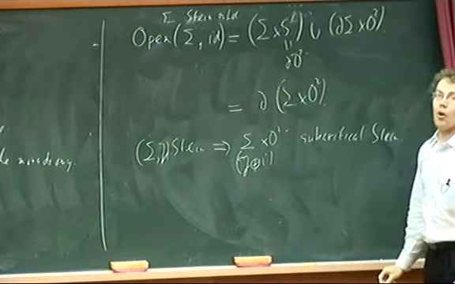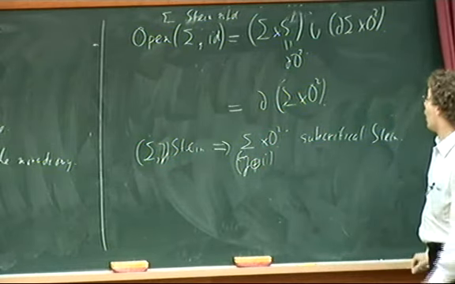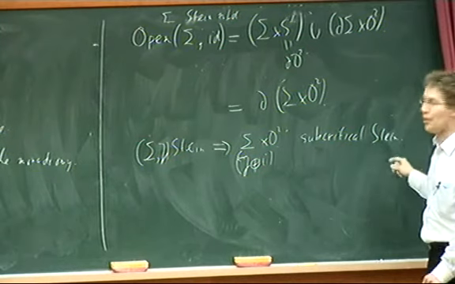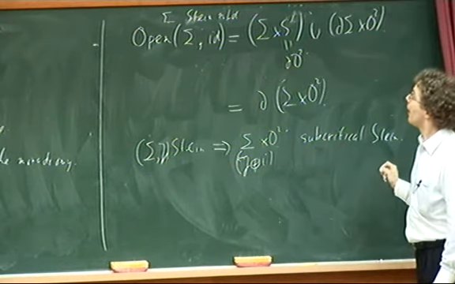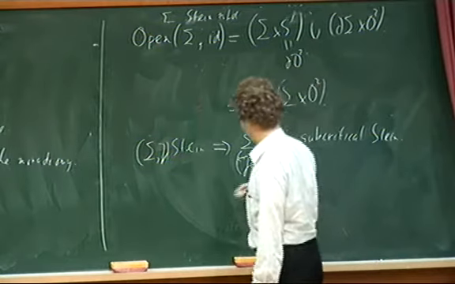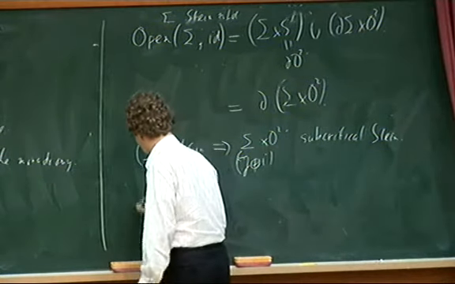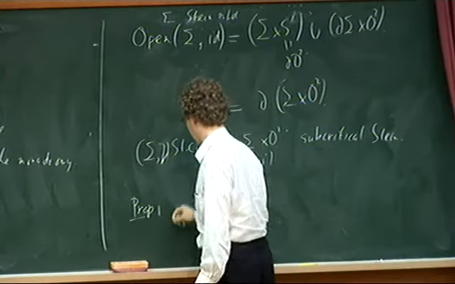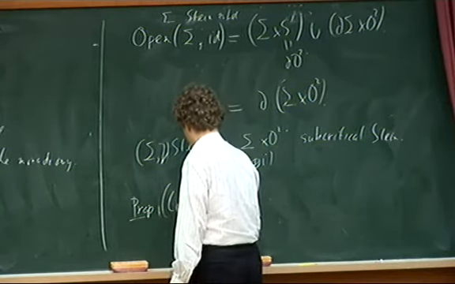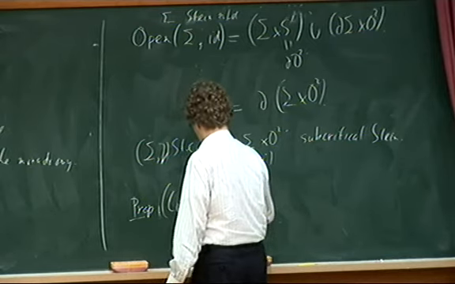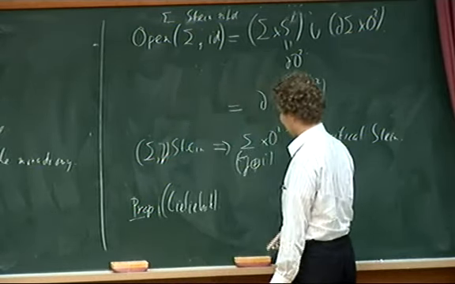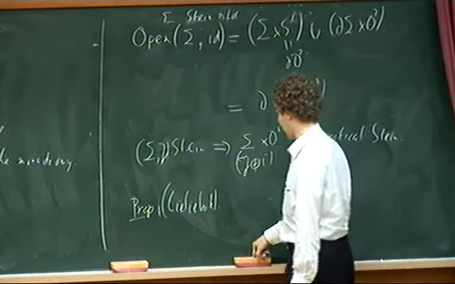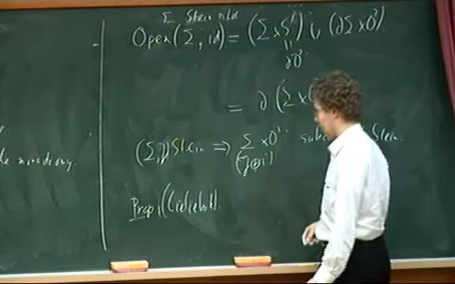So what we see is that open books with monodromy the identity are subcritically Stein fillable. And actually there's a stronger statement, due to Cieliebak. He claims that every subcritical Stein manifold is actually split, meaning that it's of the form Σ times D^2.